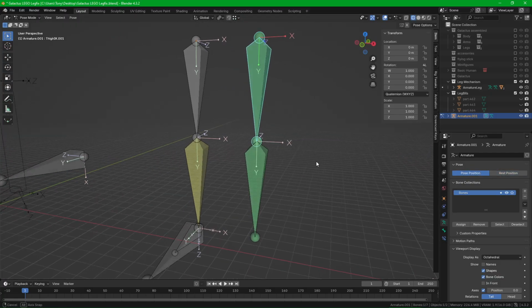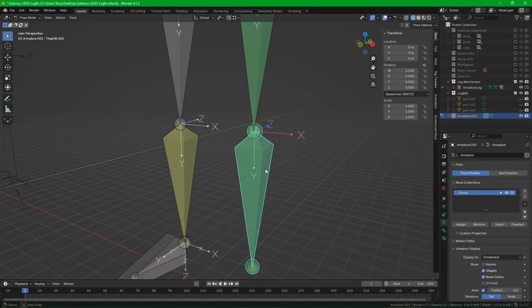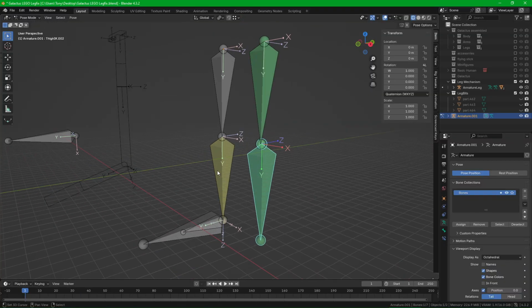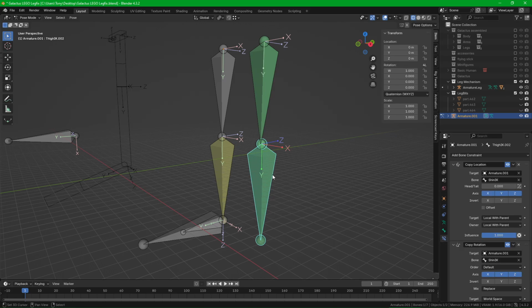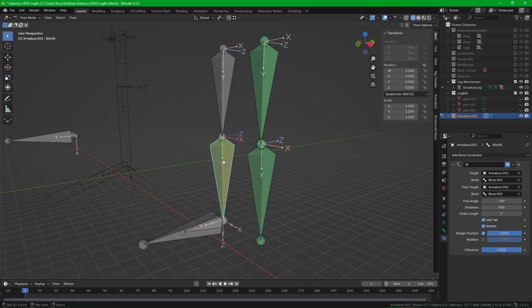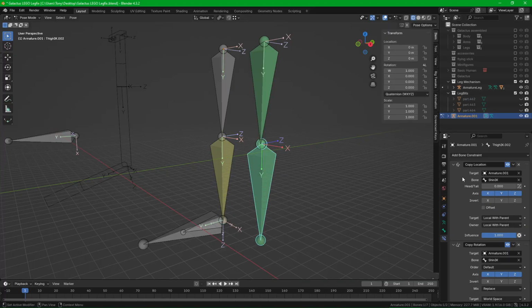Oh, I don't know. That might not work. What you could do though is parent these bones. Instead of using the constraints, you could parent these bones to these bones. So these aren't disconnected, they're going to stay connected, and you wouldn't really need a copy location. That's what's messing this up, I think.